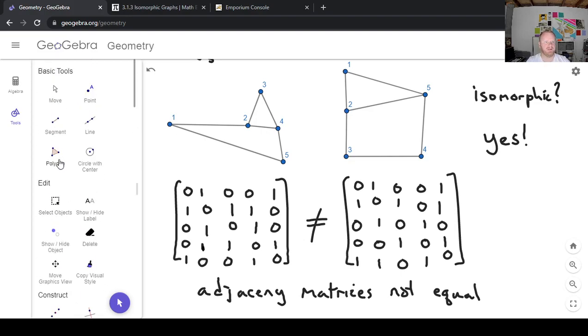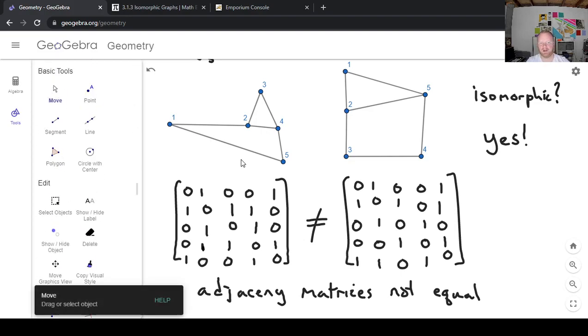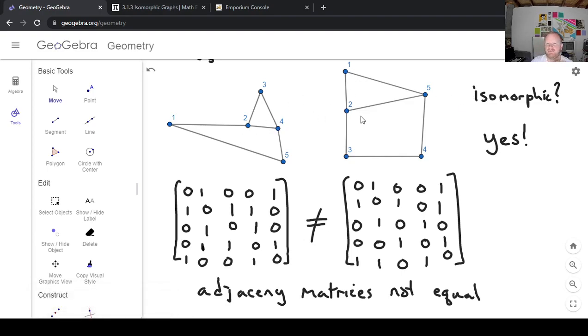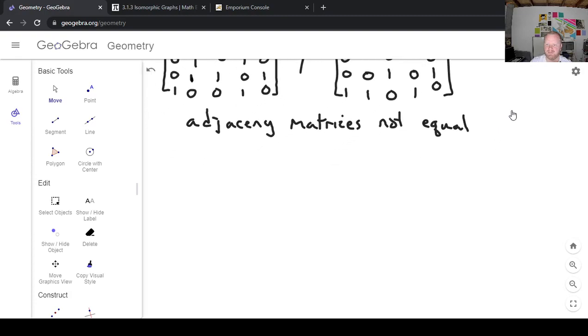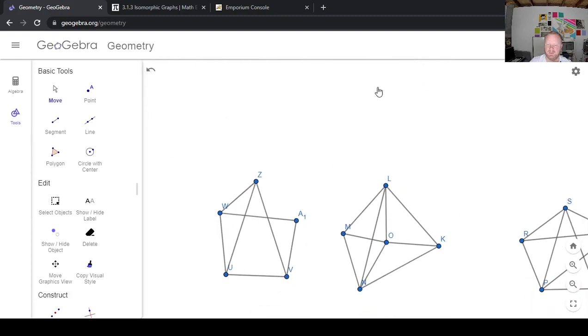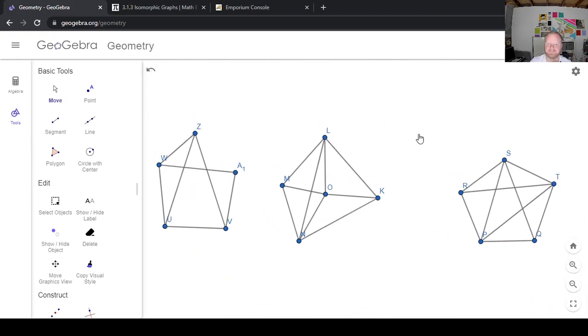Okay, so you just saw me move around some vertices to try and get this graph to look like this, and it's more than just experimentation. We can actually try some things out that'll make our lives a little easier.